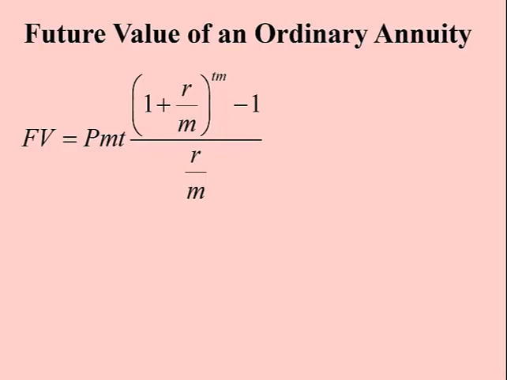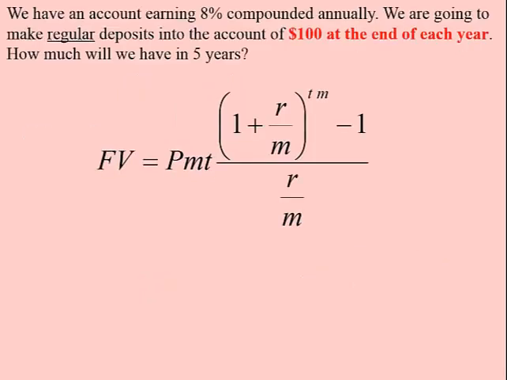The future value, FV, stands for the future value. And again, that could be called by a single variable, but that's the way it's used in the book. And so let's see how we would do the formula.